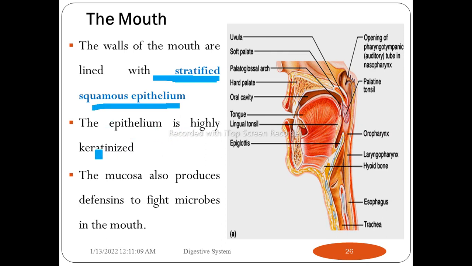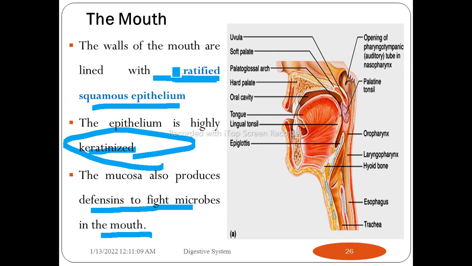The epithelium is highly keratinized. The mucosa also produces defenses to fight microorganisms in the mouth. These defenses are important to fight microorganisms in the mouth. The keratinized nature of the epithelium is also important to withstand any abrasion and friction.